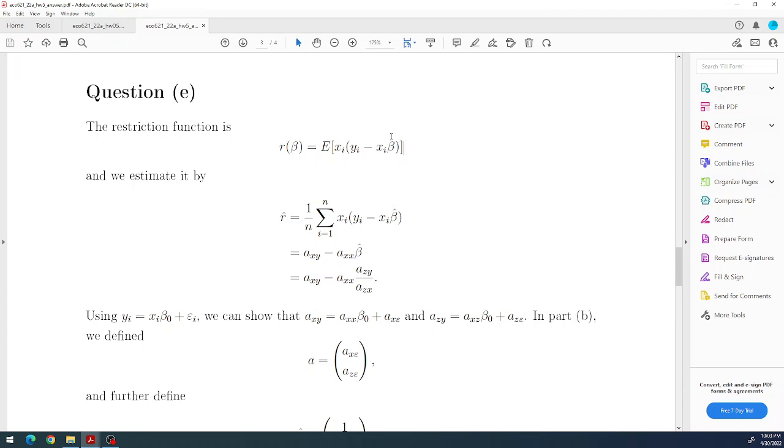This is the null hypothesis, or this is the restriction imposed by the null hypothesis equals 0. The restriction function is what we have here. And you may estimate this value using the unrestricted estimator, actually I have to put subscript U, the unrestricted estimator beta hat.